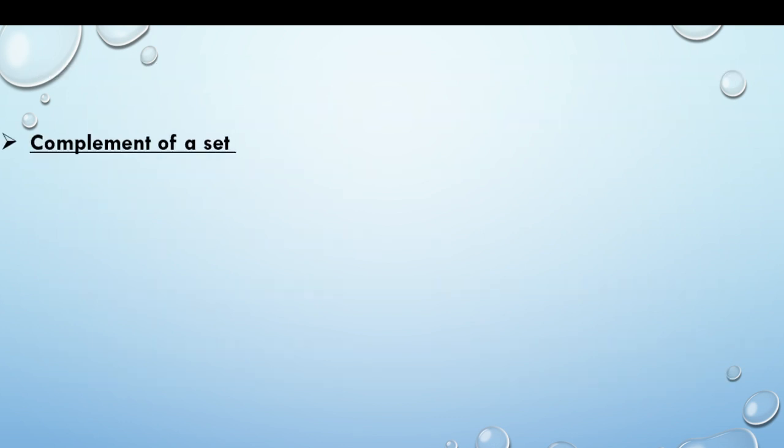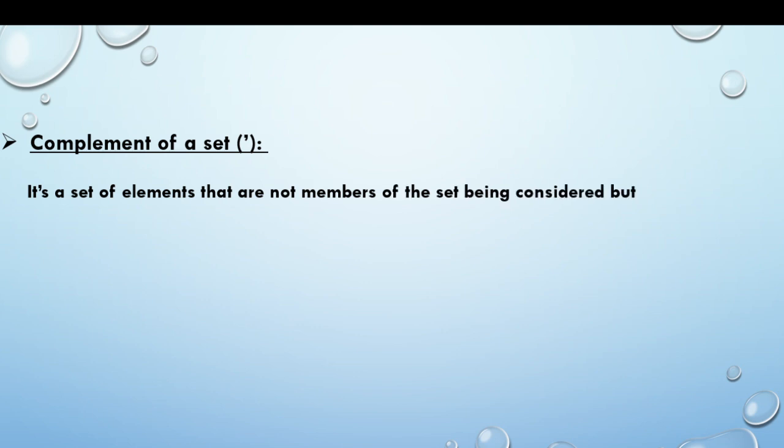So let's continue. Let's look at complement of a set represented by that symbol. It is a set of elements that are not members of the set being considered, but are members of the universal set.